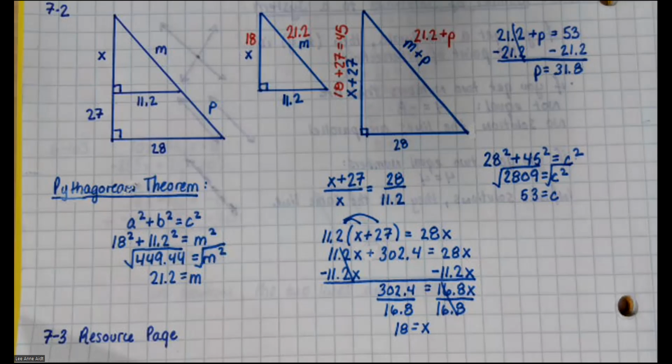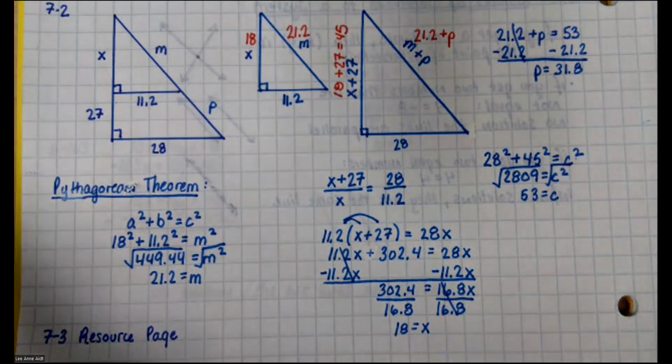And what I want you to do with this resource page, in your groups, is figure out which shapes are congruent to each other. Congruent means exactly the same shape and size.